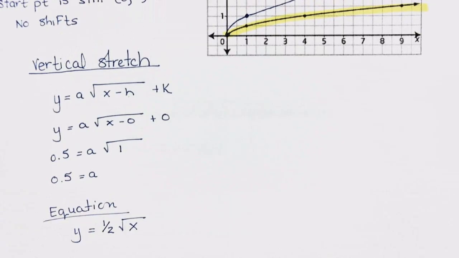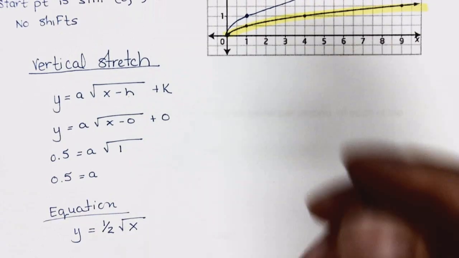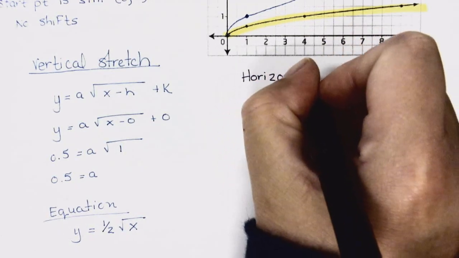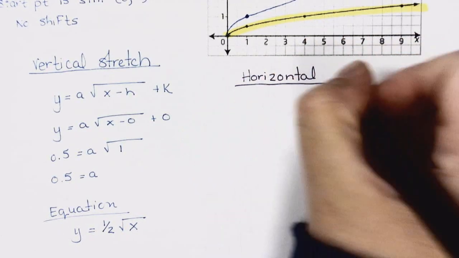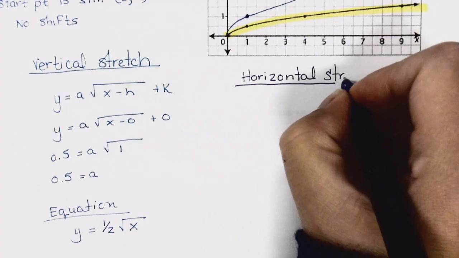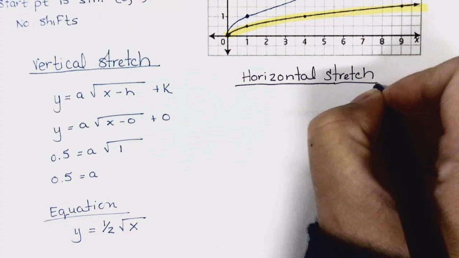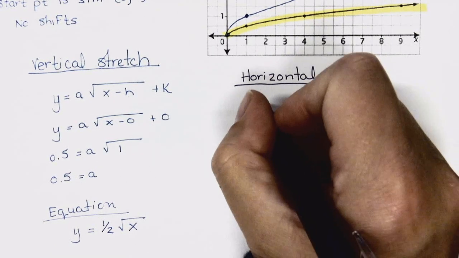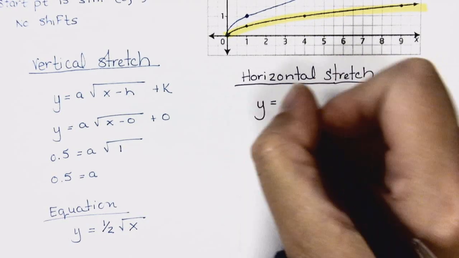All right, now we're going to do a horizontal one. And you're like, but I don't see the horizontal. That's okay. That one was the obvious one. The y values aren't as high, so we must have done a compression there. So now, what letter associates with a horizontal stretch?